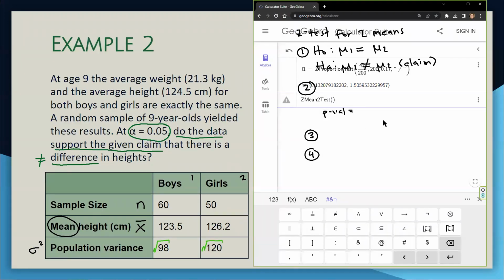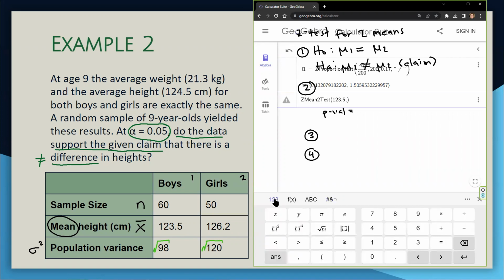So the mean for the first group, 123.5. Standard deviation is the square root of 98. And then our sample size is 60 for group 1. And then same thing for group 2. So 126.2, the square root of 120, and a sample size of 50.